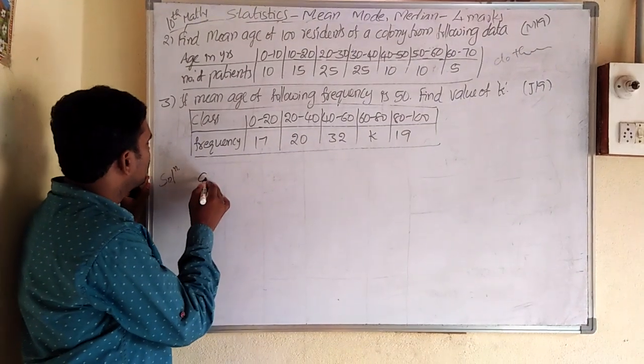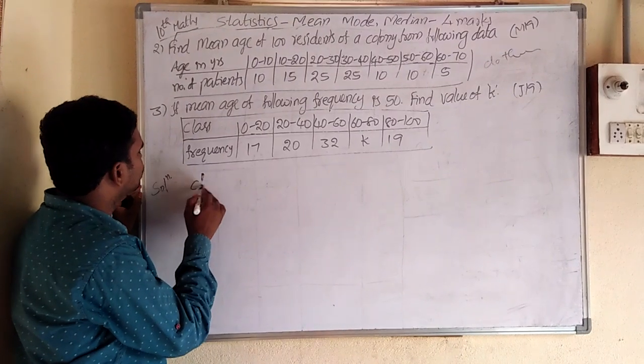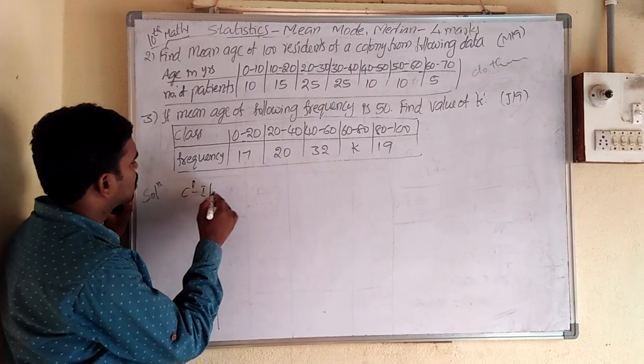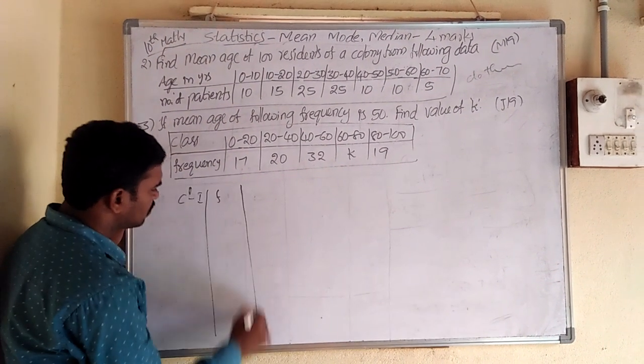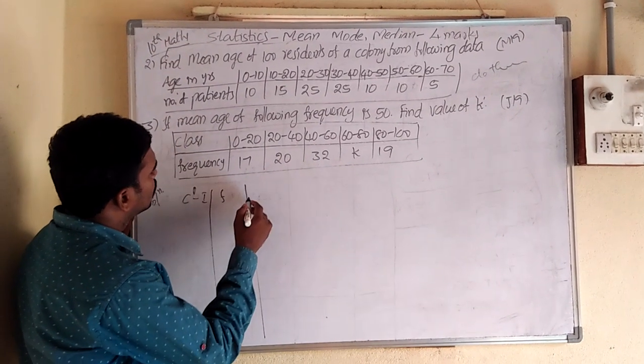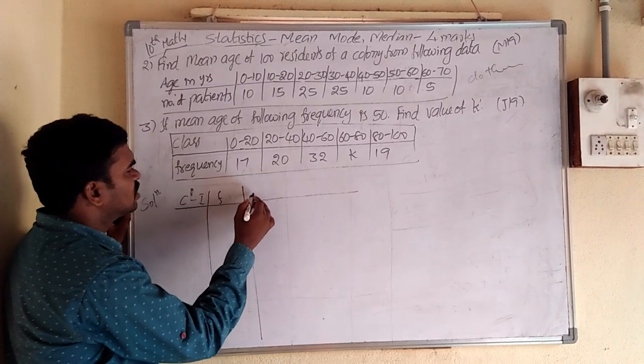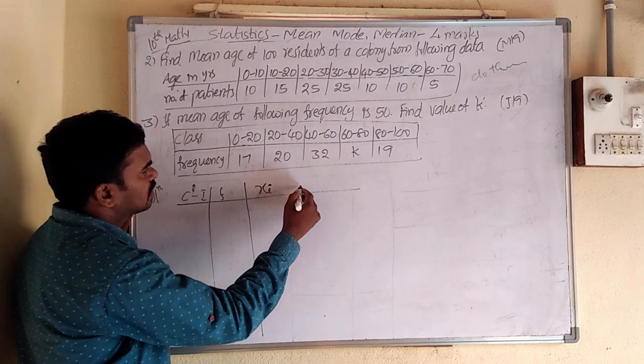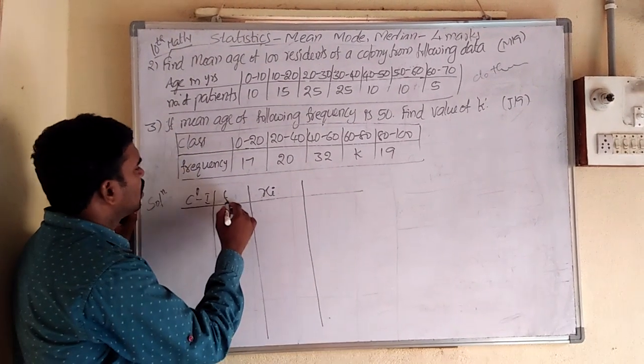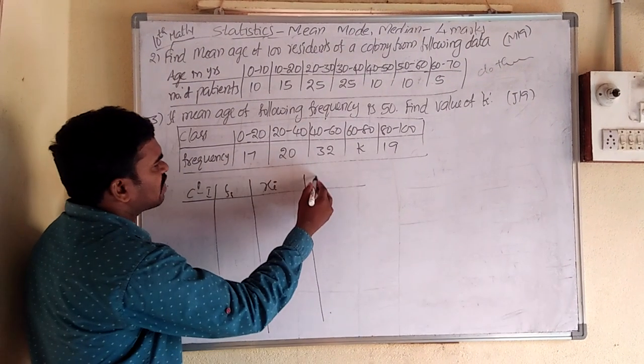I'm using first the class interval, next the frequency, next the class interval mid values xi, next the fi into xi values.